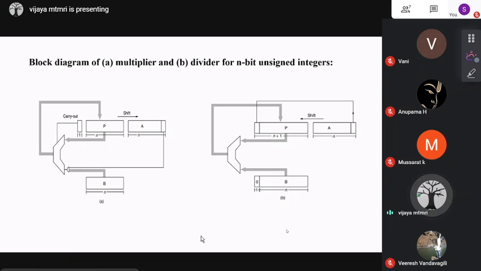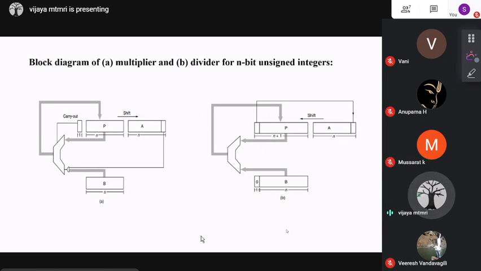Second, subtract the content of register b, that is b n minus 1, b n minus 2 to b naught, from the register p, putting the result back into p. Third, if the result of step 2 is negative, set the low order bit of a to 0, otherwise to 1. Fourth, if the result of step 2 is negative, restore the old value of p by adding the contents of register b back to p.